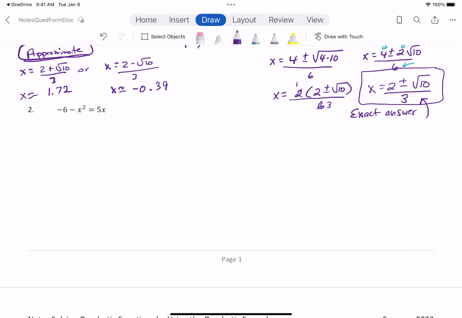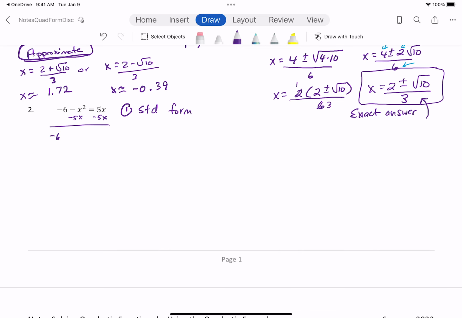All right, let's look at another one. So for number 2, if we start back with our list, first we want to know if our equation is in standard form. And of course, this one is not. So I need it to be equal to 0 to be in standard form.